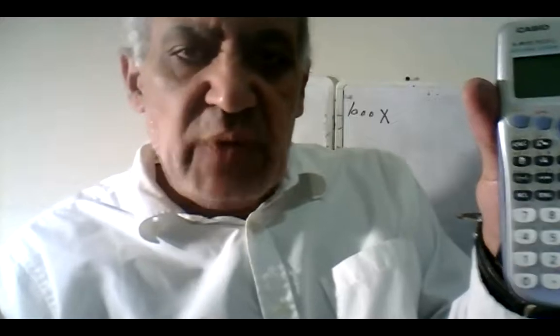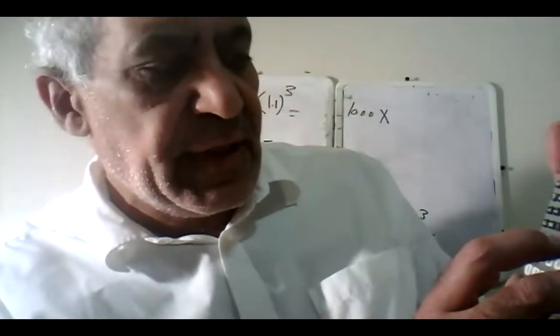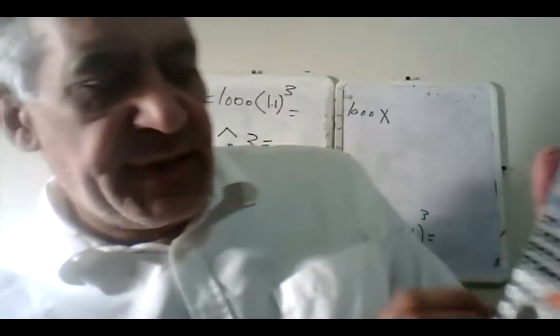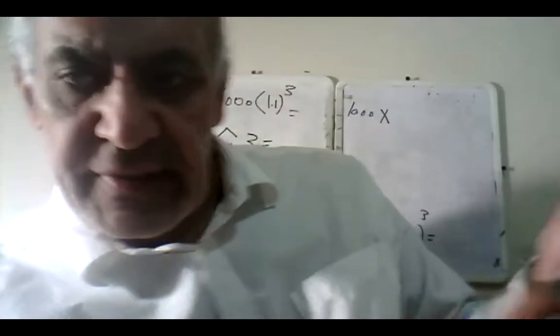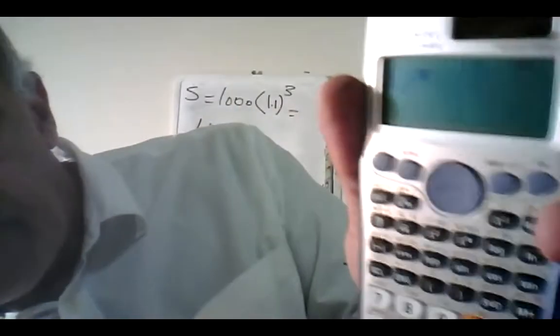Here is the calculator as an example. I will get 1.1 power 3 this way. I turn it on with the ON button. Then 1.1. Then I go for xⁿ, which I have here, and press it. Then 3.